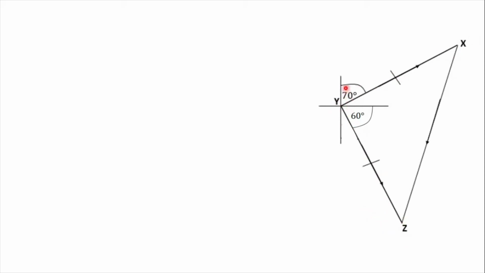We also know that if this side here is 70 degrees, then this side here will be 20 degrees, because here is 0 degrees and here is 90 degrees. So from the diagram, angle XYZ, which is this angle, is 80 degrees. 20 degrees plus 60 degrees will give us 80 degrees.